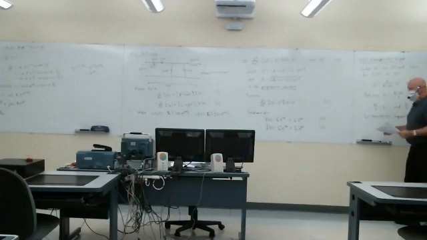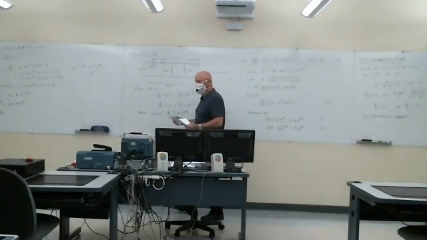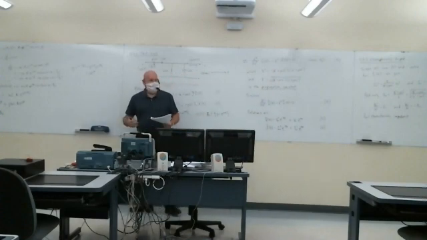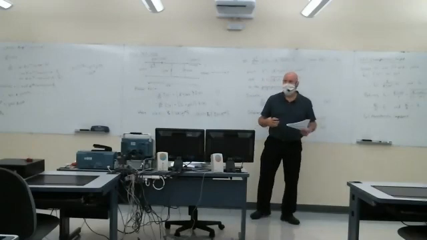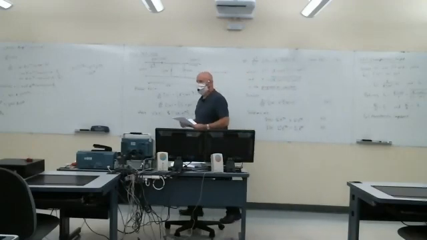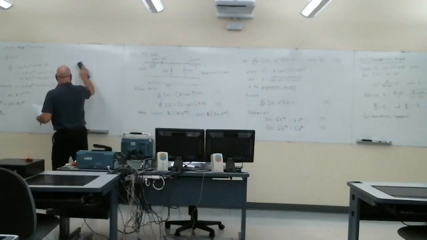The accepted value for characteristic impedance, and you can Google this, what's the characteristic impedance of RG59 coax? What you'll find is 75 ohms is the generally accepted value.